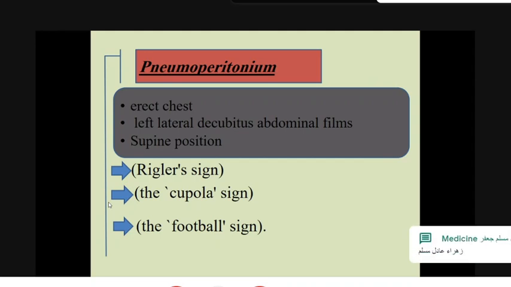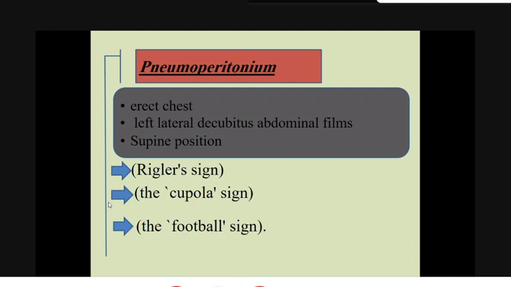So this is the first acute condition of the abdomen: pneumoperitoneum. It can be diagnosed by using a plain abdominal film. Of course, CT scan is more sensitive for detection of a small amount of free gas if available.